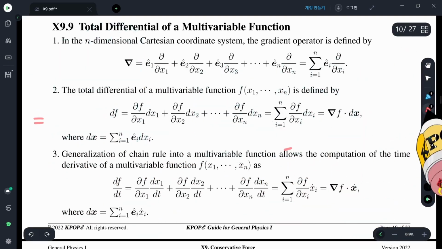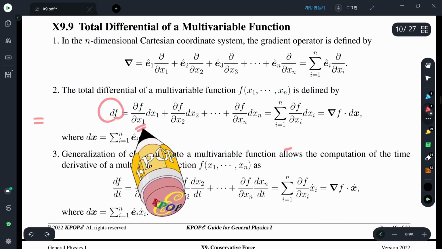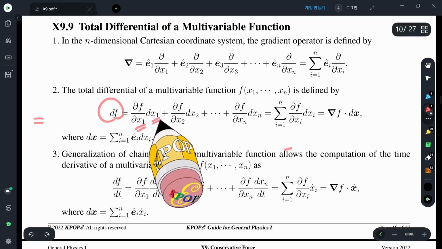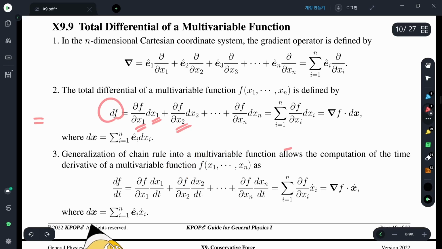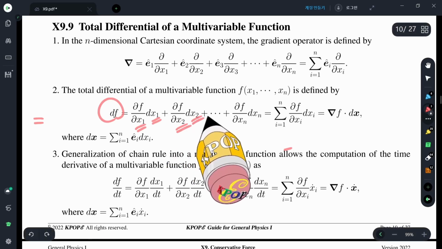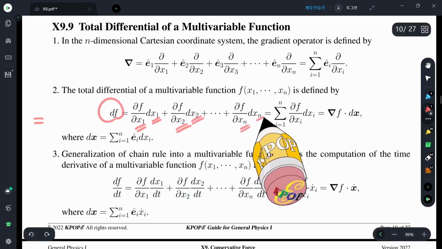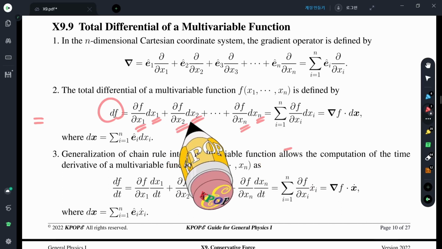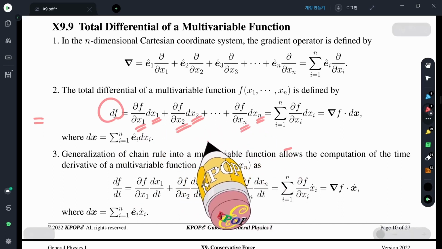So in such a manner, I can extend it to n variables. The total differential of an n variable function is the partial derivative with respect to the first variable multiplied by the differential of that variable, plus the partial derivative with respect to the next multiplied by the differential of that variable, and so on until the end. Now, it is just a scalar product. Why?